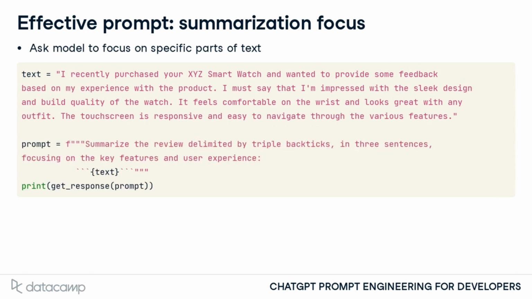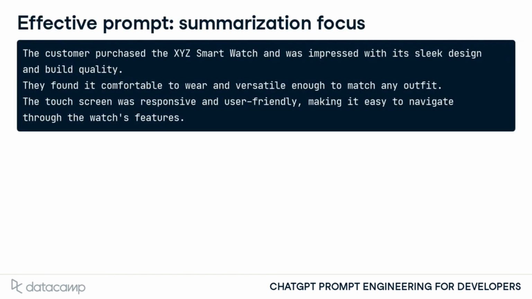Here, we can instruct the model to summarize the review in 3 sentences, focusing on the key features and user experience. This helps us identify the product's strengths and drawbacks.